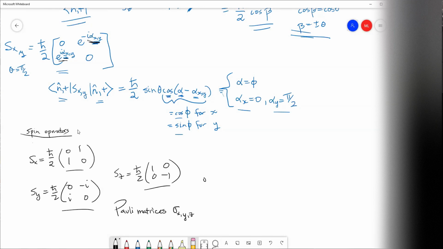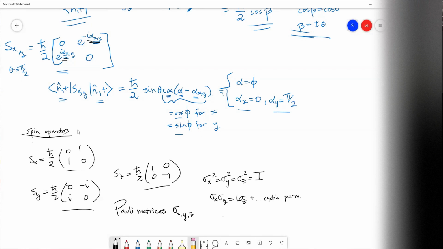And you can check that they satisfy various identities. One is that if you square them, they square to the identity. Another one is that their products form cyclic permutations, that if you take sigma x and multiply it by sigma y, you get i sigma z, and similar for all cyclic permutations of the indices.